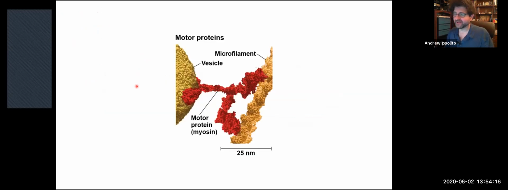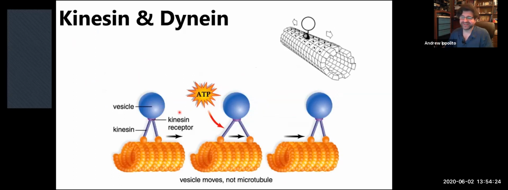In addition to myosin, there's also kinesin and dynein. Kinesin and dynein are proteins involved in moving things throughout the cell, right? So those vesicles, even though they look like they might be diffusing through Brownian motion and randomness, are actually being directed by motor proteins along microtubules.